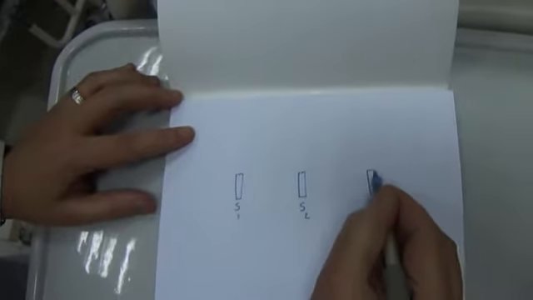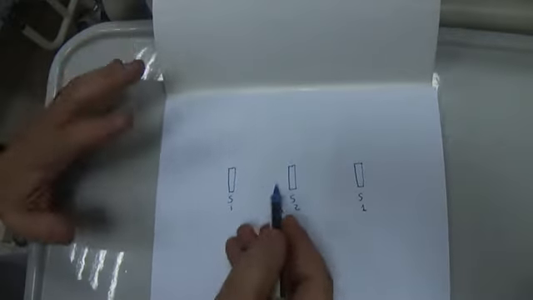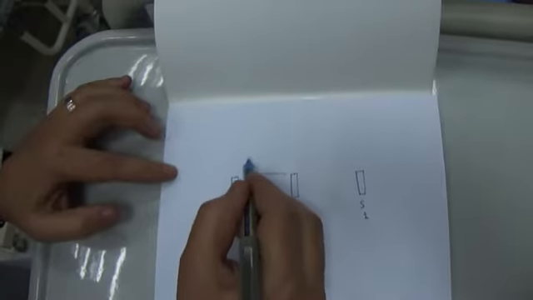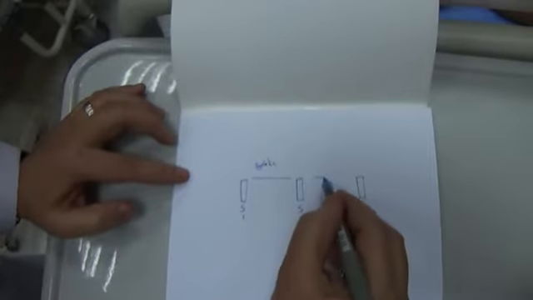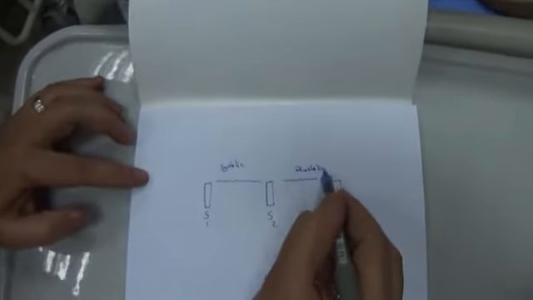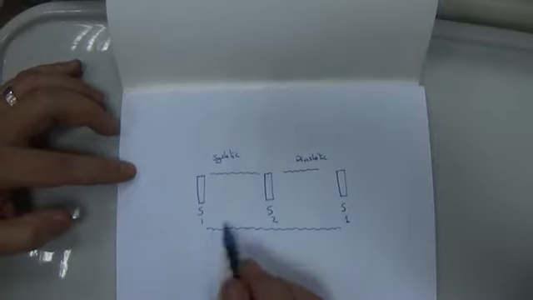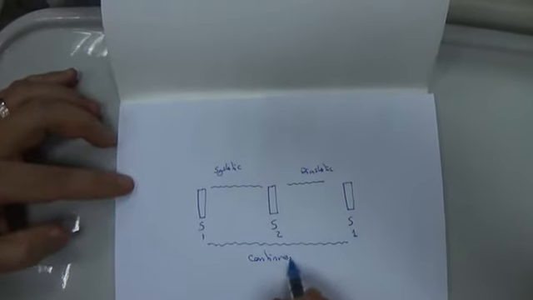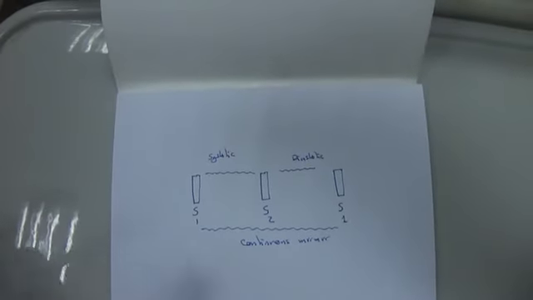Also we can write another S1, and decide where the murmur is. Any murmur here is systolic. Any murmur here is diastolic. Any murmur over all these cycles is a continuous murmur. This is as simple as that.